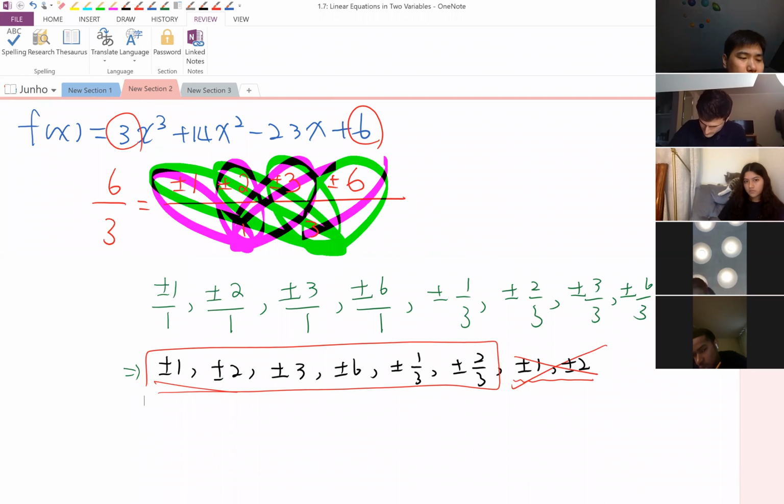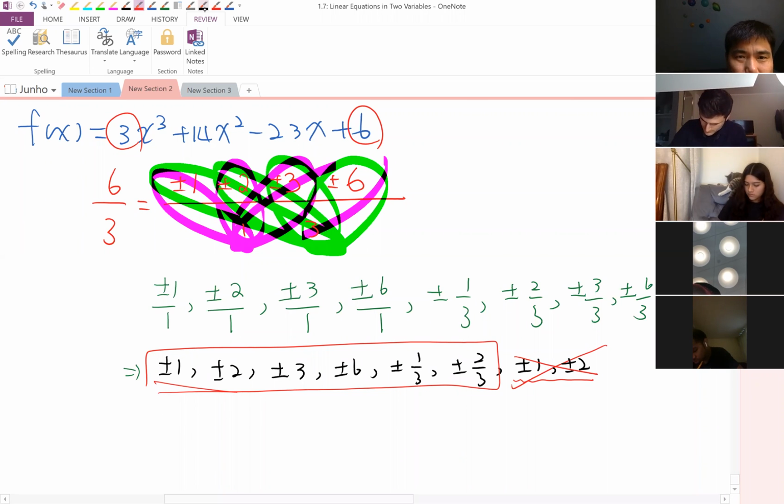So can we move on to letter B? Okay, sorry, let's do letter B here. Use synthetic division to show that 1/3 is a zero of the given function.